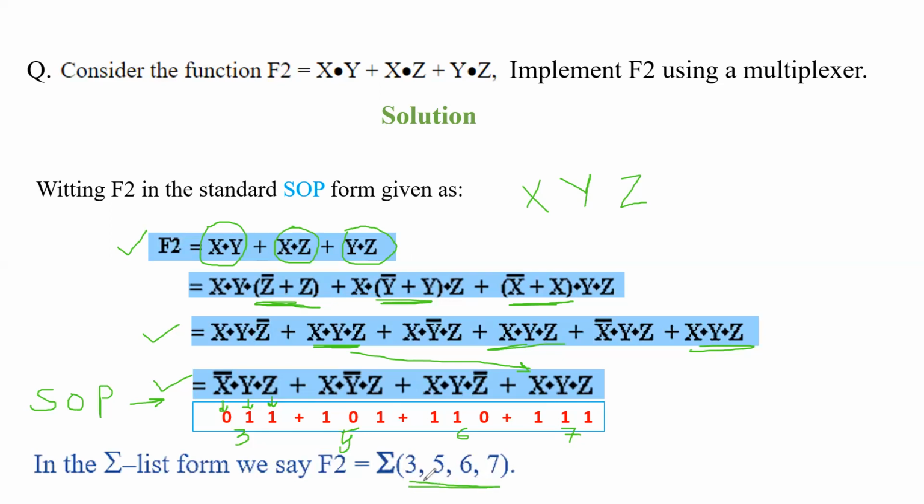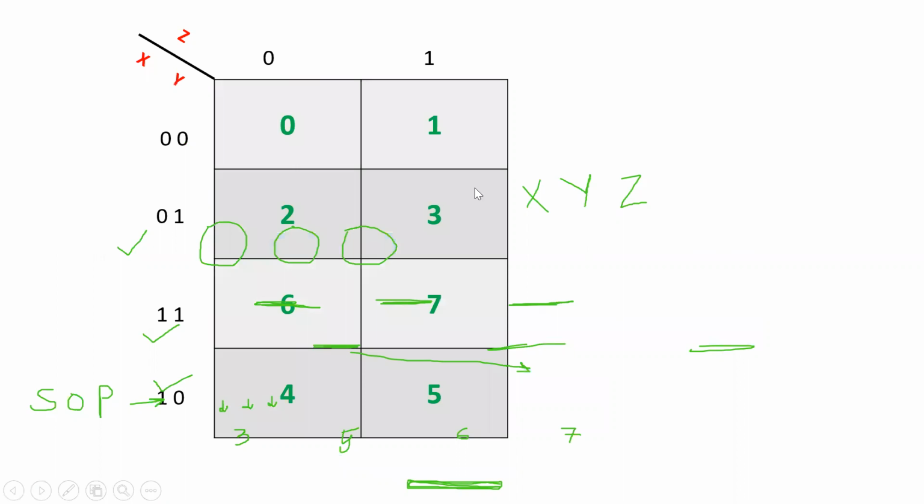Now we have to represent these minterms by using a multiplexer. For that, we have to choose what multiplexer is used. There are various multiplexers, and that depends upon the inputs and outputs.